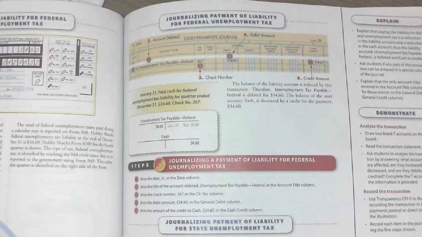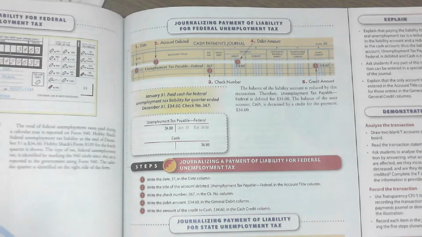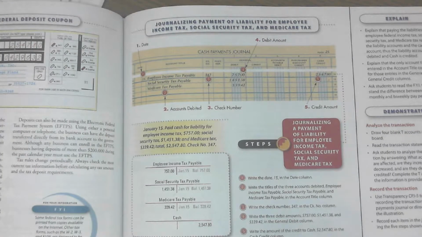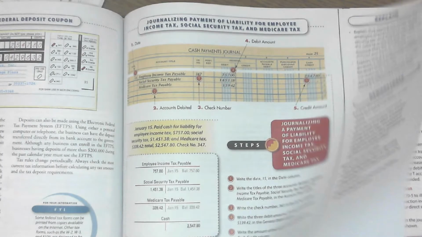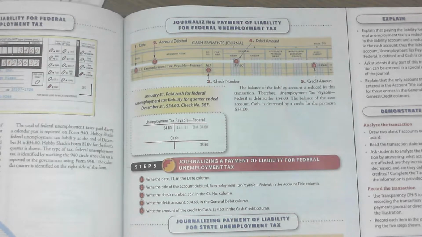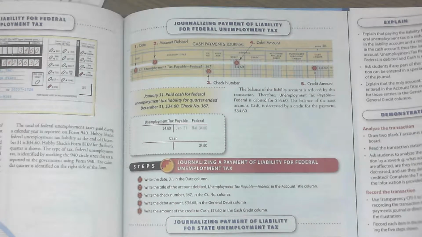You can look back at the examples in the book when you do the on your own, after I get done. So we've got that for the federal, then we've got our unemployment stuff on 387.